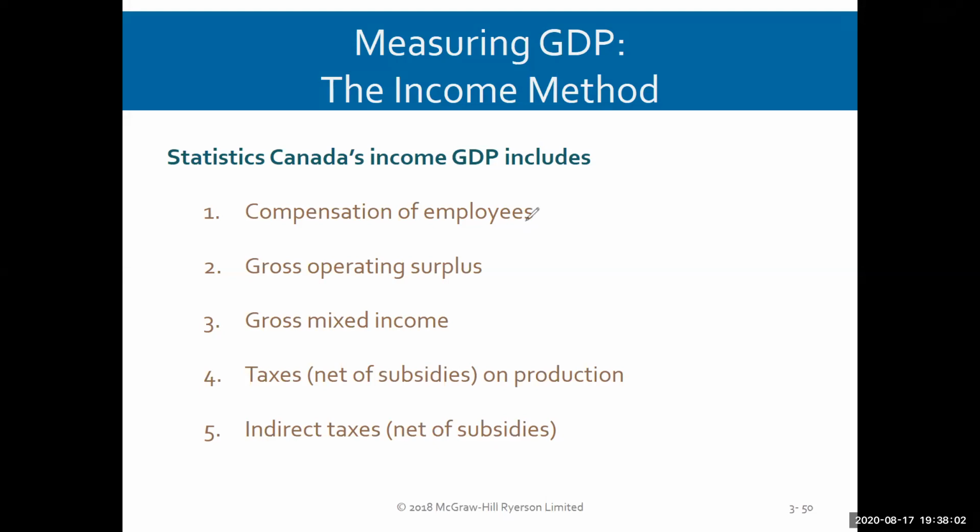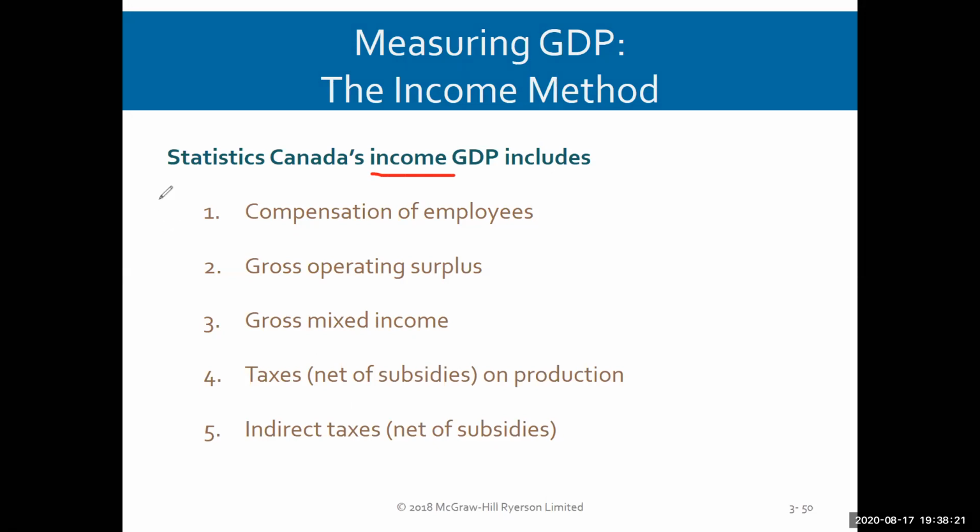First of all, we start with compensation of employees, and then something called gross operating surplus and gross mixed income, and then taxes and indirect taxes. Well, compensation of employees, we have to separate these into three categories, so it might make sense to you that compensation of employees, that's the household's income. These next two, gross operating surplus and gross mixed income, that's the businesses or the corporate income.